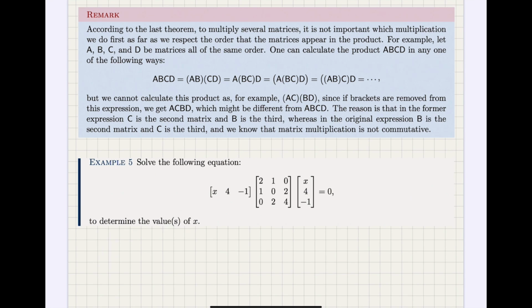You see, the order of reading from left to right shouldn't change, unless it is guaranteed it's commutative. Here, the order that I am reading is A, B, C, D, but it is A, C, B, D. They are not the same. So you cannot use this to calculate that. So the reason is that in the former expression, I've just told you what is happening here.